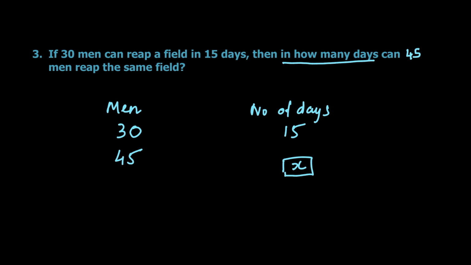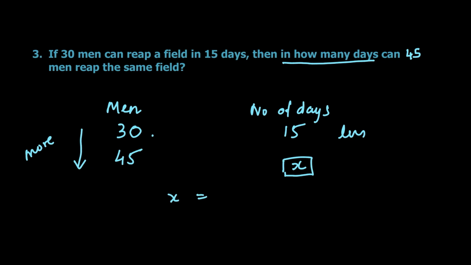What is happening to the number of men from 30 to 45? More men. If 30 men were reaping it in 15 days, now more men have joined, they are going to require fewer days to reap the field, right? So this becomes more, and now this is less. So we have to do this as inverse proportion or indirect proportion.